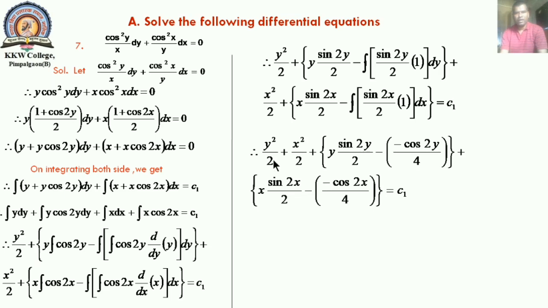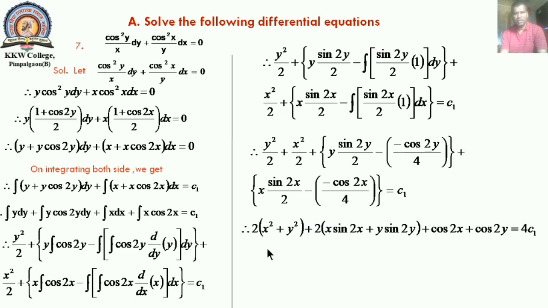So we get y square upon 2 plus x square upon 2 plus y sin 2y upon 2, minus minus becomes plus, plus cos 2y upon 4, and similarly for x. By multiplying by 4 and taking common from these terms, we get 2 into x square plus y square plus 2 into x sin 2x plus y sin 2y plus cos 2x plus cos 2y equal to 4 c1.